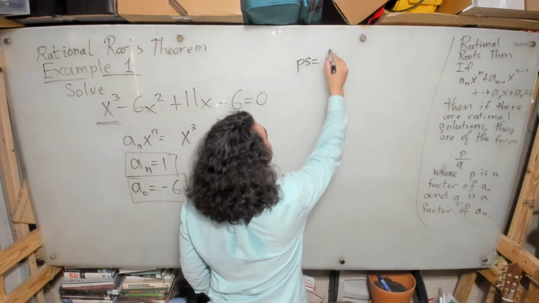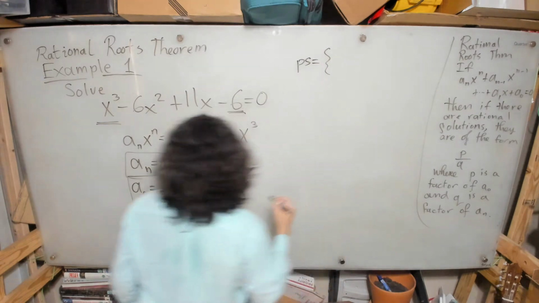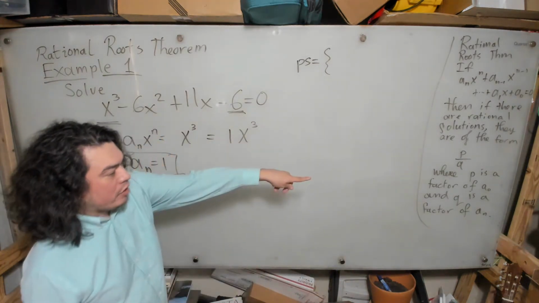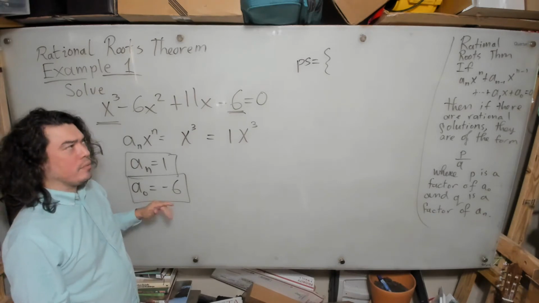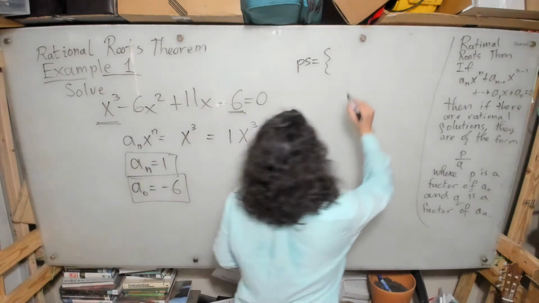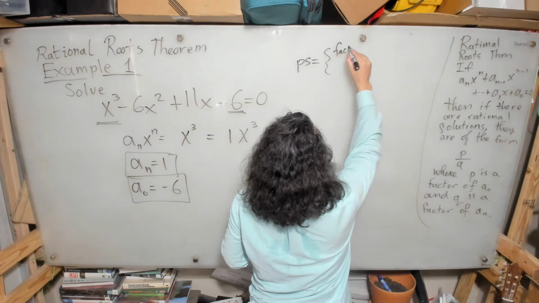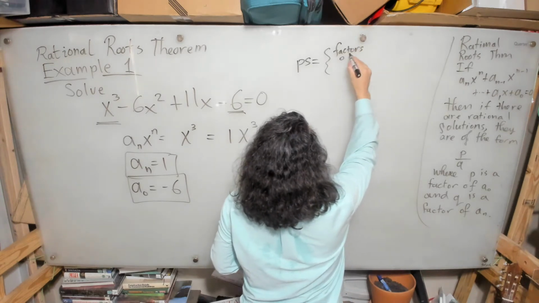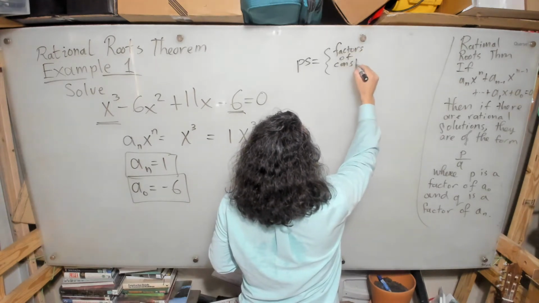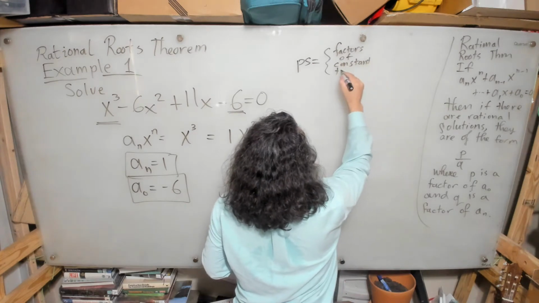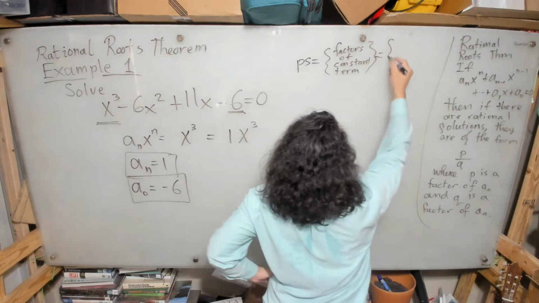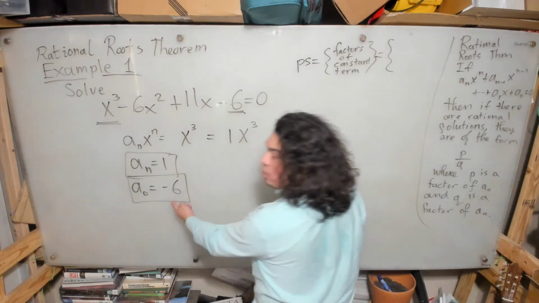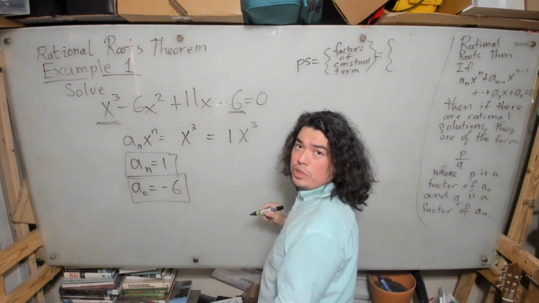So our p's are going to be, in this case, the factors of the constant term. What's our constant term? Negative 6. So let's say factors of constant term. That's what it is, right? And so what are the factors of 6? 1, because 1 times 6.